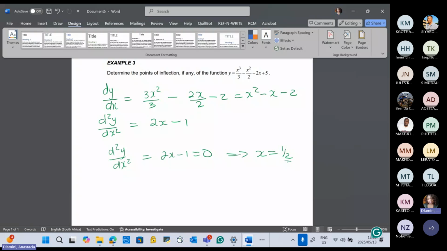But if the signs are different, one negative and one positive, then x equals half is a point of inflection for this particular graph. Do you see that? Oh, I get it now. Thank you. So now we need to choose the points.